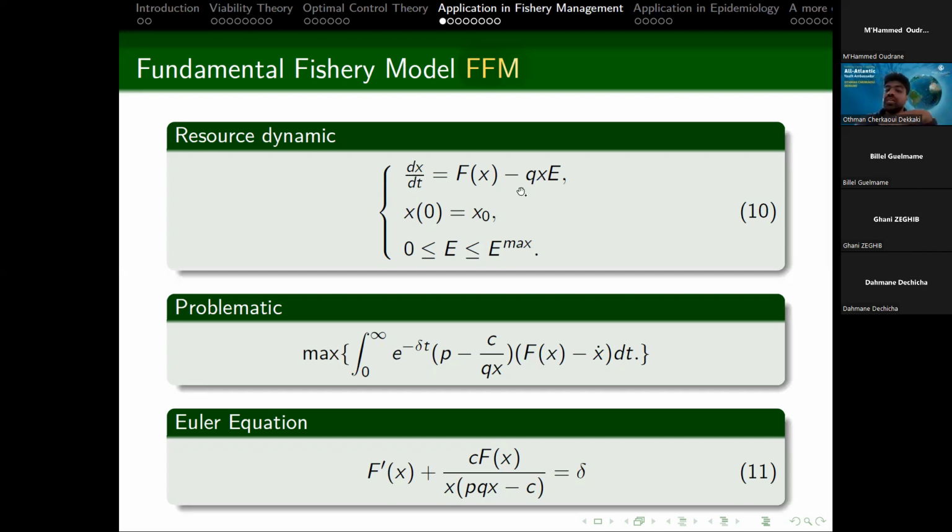Minus that, we're gonna take what we call a production function. You're gonna see the multiplication of q, a factor, multiplied by two variables, x and e. X here signifies also your stock, and e here is what we call in fishery management the fishing effort.